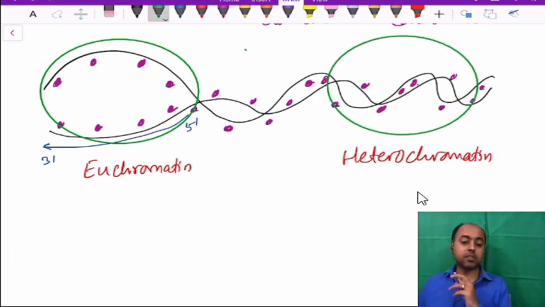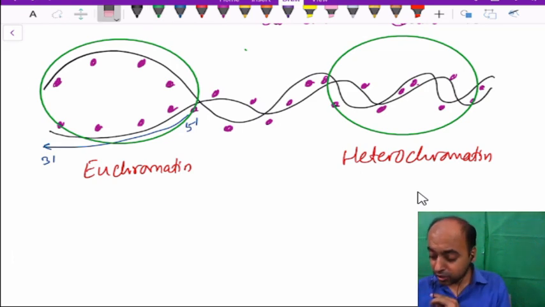You can see they are similar in shape. Now the DNA will not be visible. What will be visible will be only the dye.